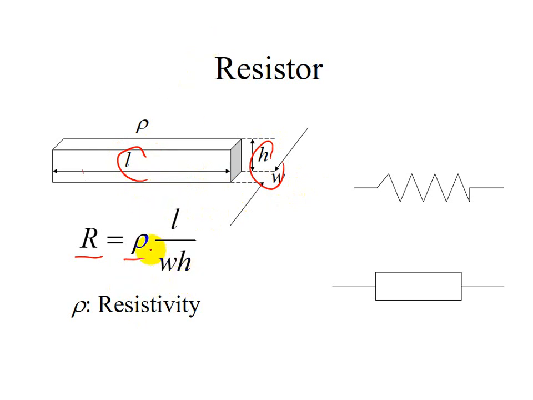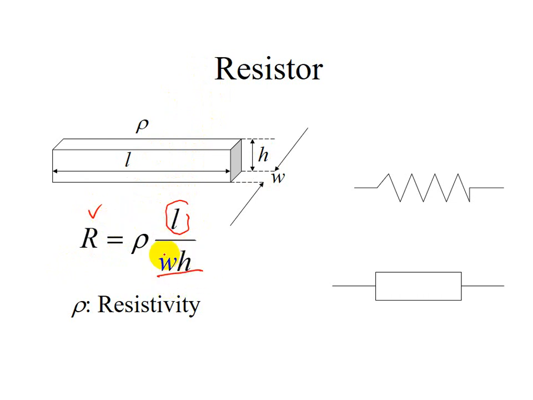As you can see, this geometry factor will affect the degree of resistance. So the longer the conducting wire, the higher the resistance.